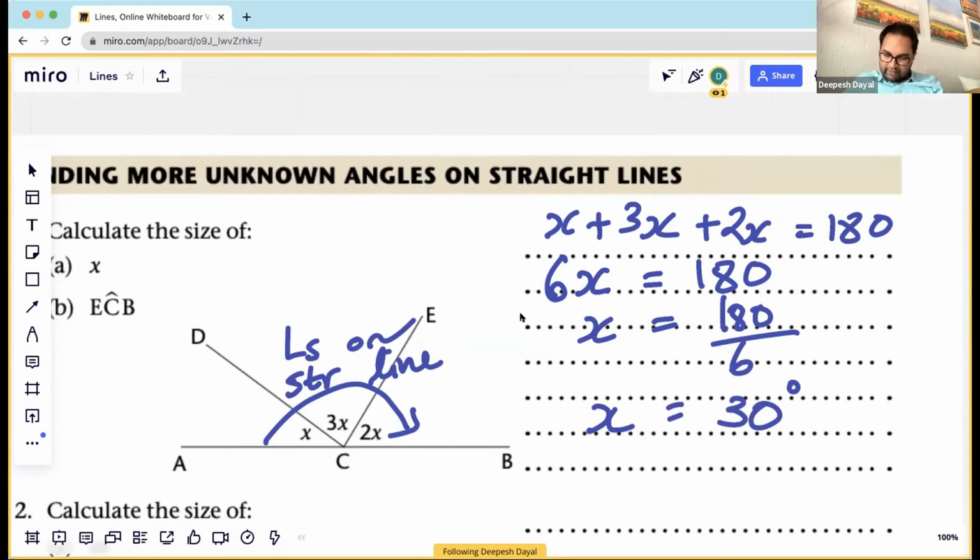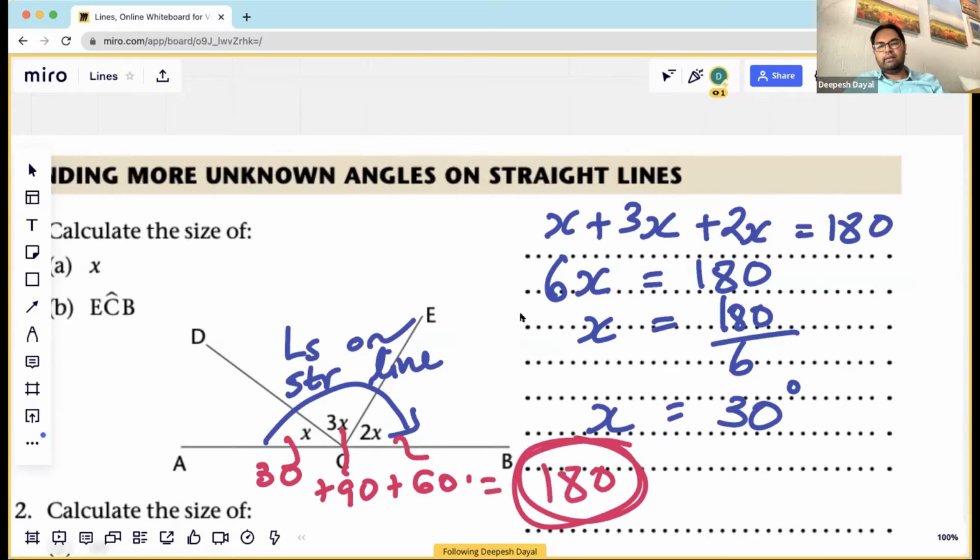Yes, and then we add all these. So if this is 30, this one will be 90 and this one will be 60. And when we say 30 plus 90 plus 60, it will give us 180. Yes, sir. There we go. Okay.